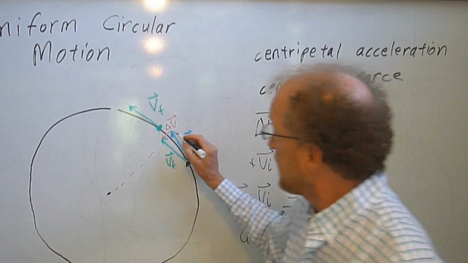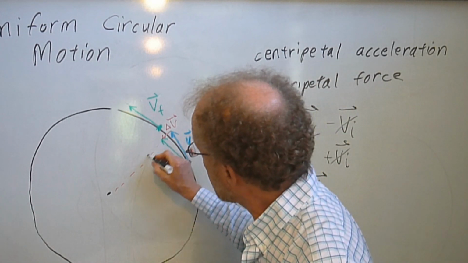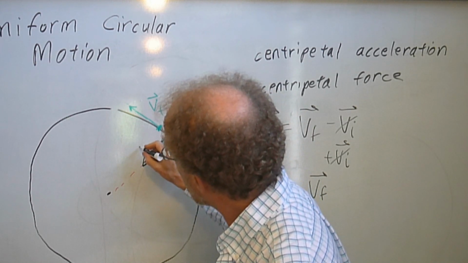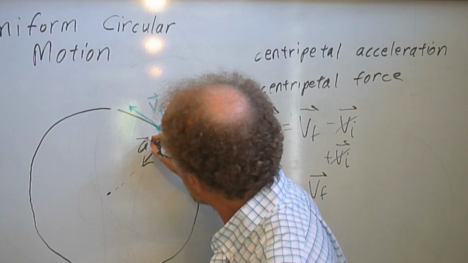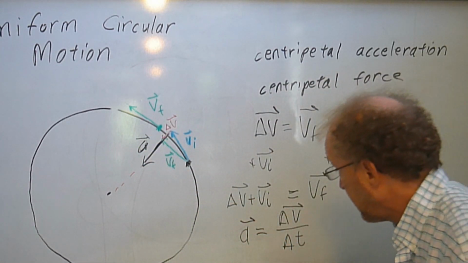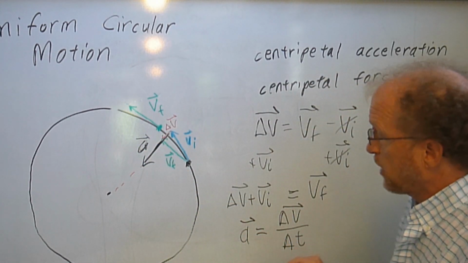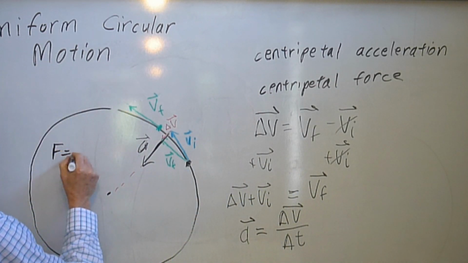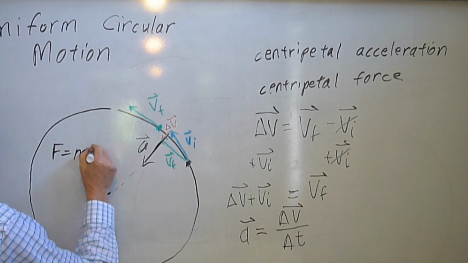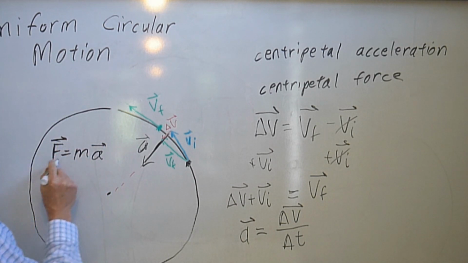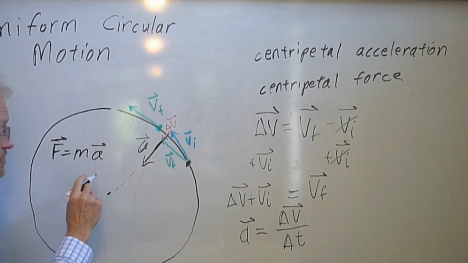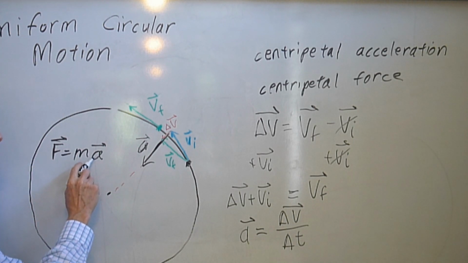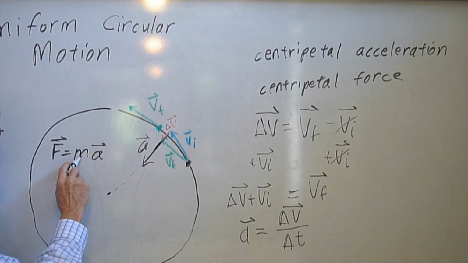So we've got an acceleration vector that must also be in this same direction. And we know from Newton's second law, F equals ma. Force is a vector, acceleration is a vector, mass is a scalar.